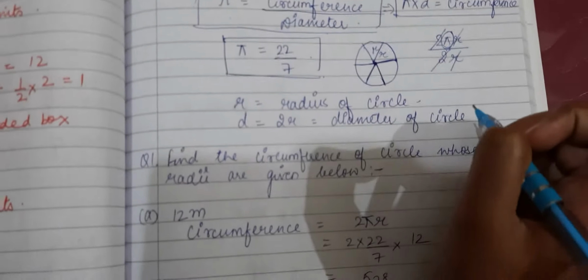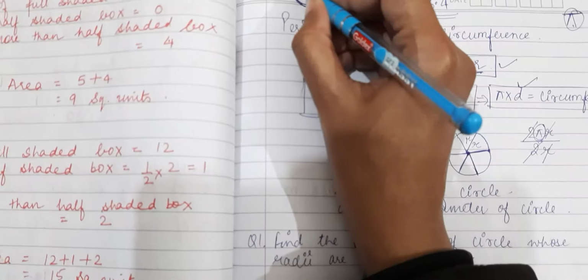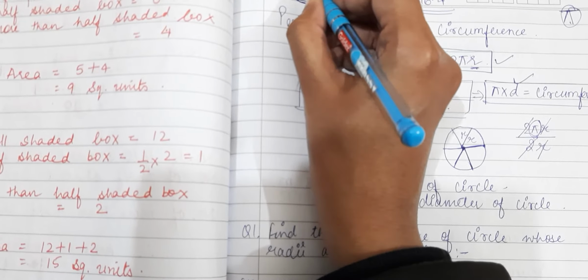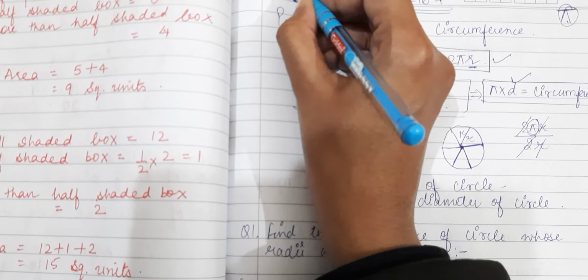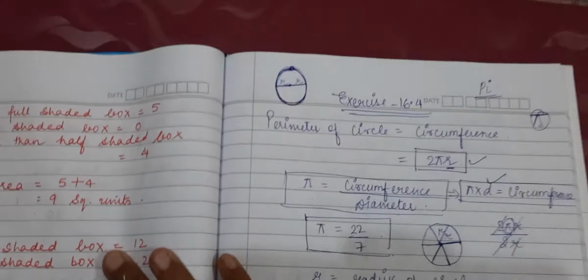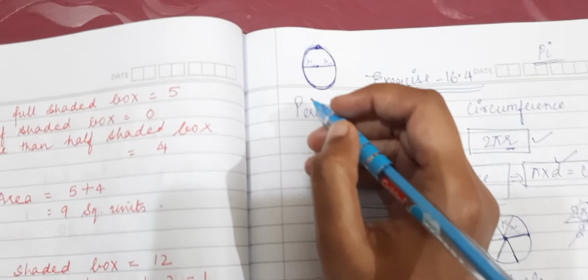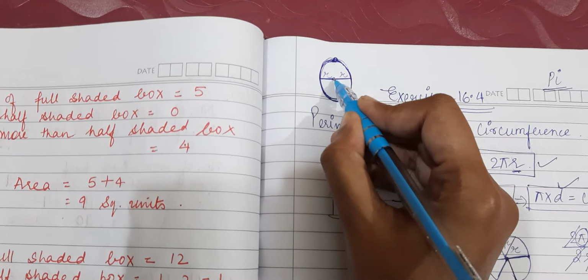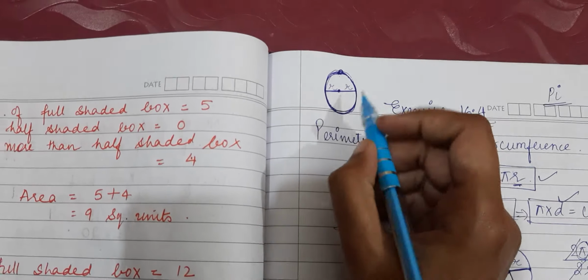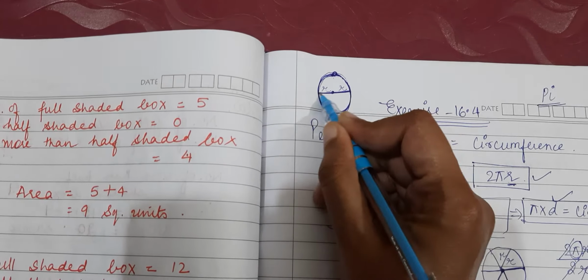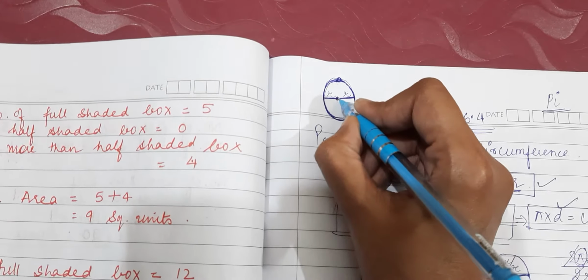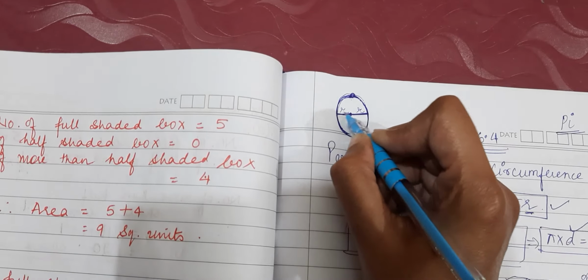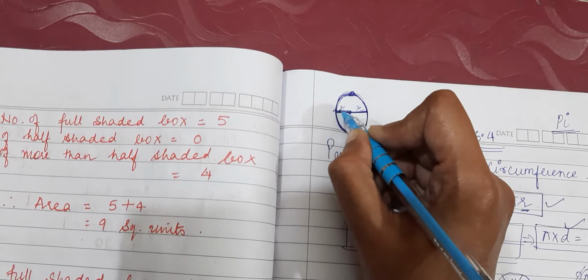And if I talk about a line which passes through the center of the circle, from the center to the point on the circle this is r, and from the center to the other point on the circle this is also r.